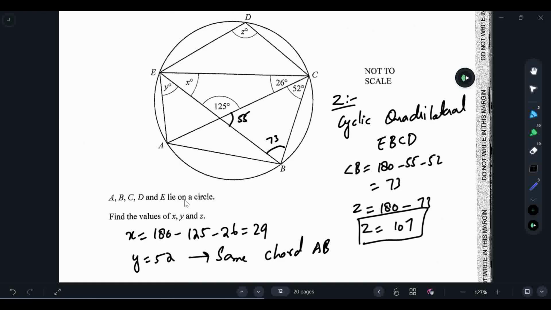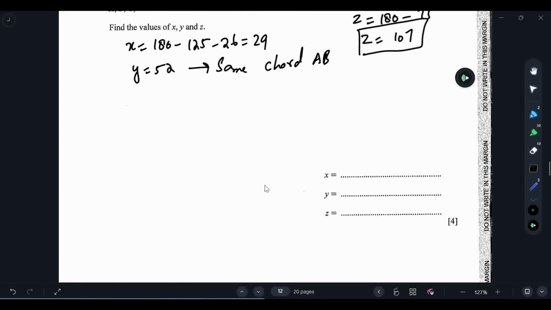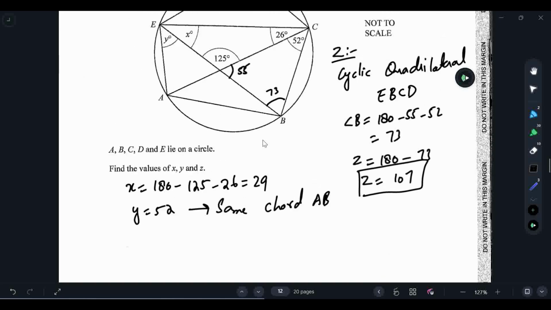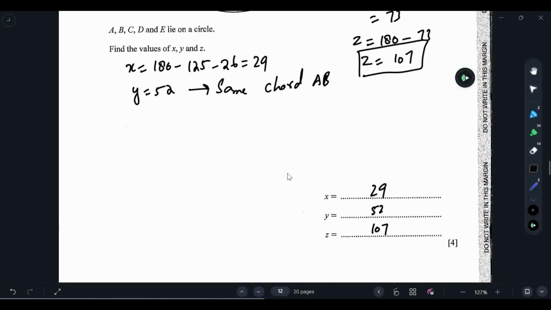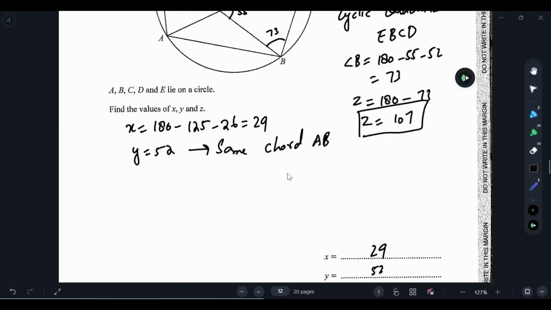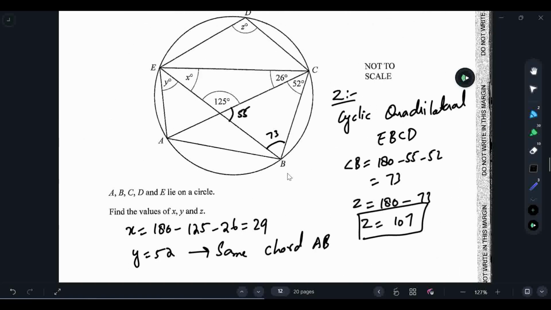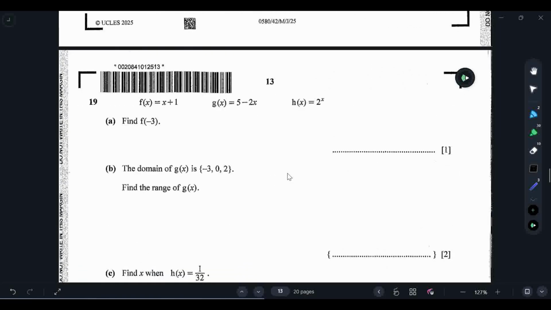I hope the concept is clear and it's quite easy. Now we have to write the values over here: 29, this will be 52, and this will be 107. You can do your working in the space over here, but you have to present your working very clearly.